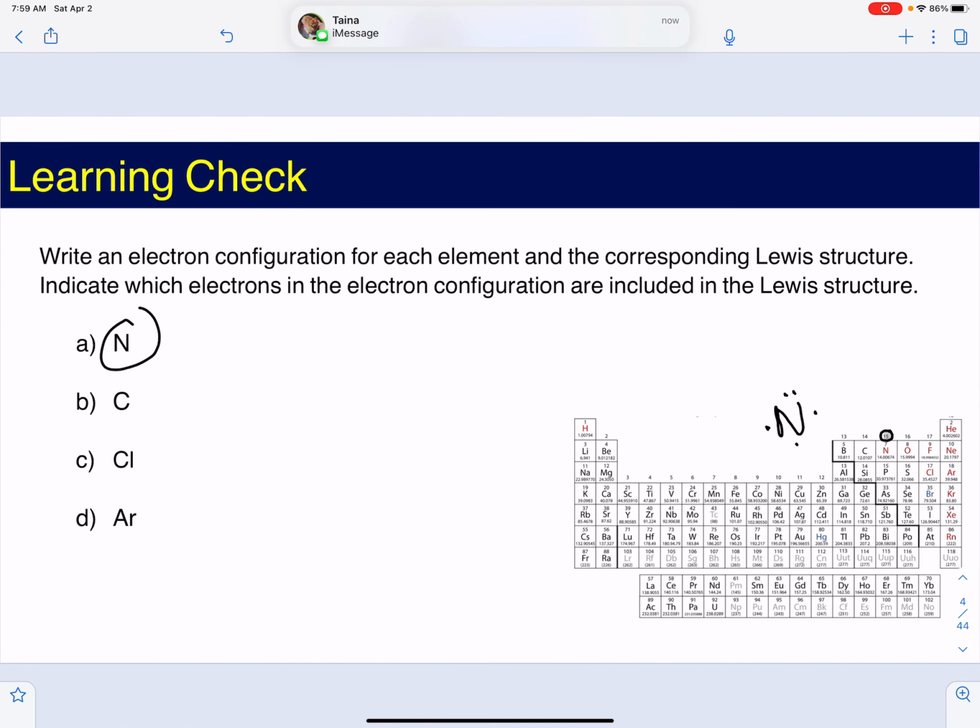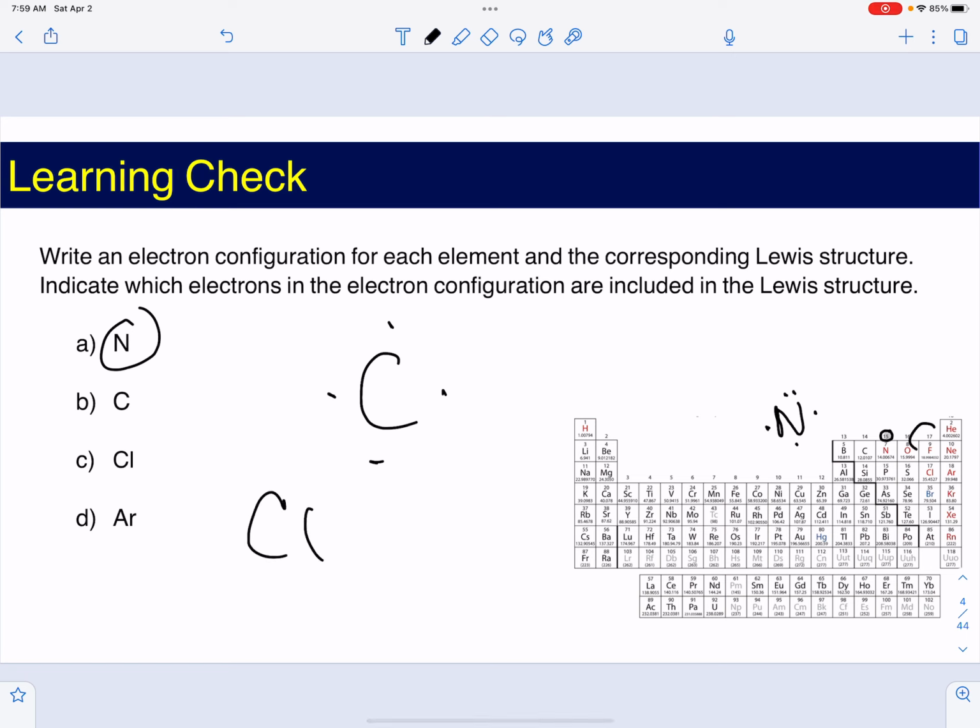Carbon. Carbon will be group number 14. So carbon will be 1, 2, 3, 4. And then chlorine, group 17. So 1, 2, 3, 4, 5, 6, 7.